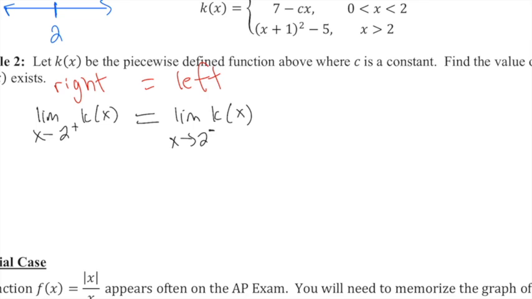So remember, we are approaching x equals 2, right? So that means my right-hand limit needs to equal my left-hand limit as I approach 2. So as I approach 2 from the right and I approach 2 from the left, those values have to be the same.